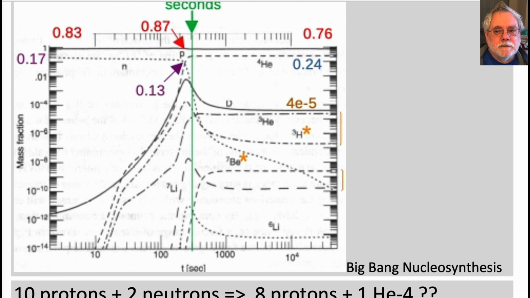Actually, it requires that the temperature be less than about 780 million Kelvin for the many high-energy photons to not dissociate the deuterium back to a proton and a neutron. The formation of deuterium, the solid line in the middle of the graph, so going from here to here, and then ending up here.